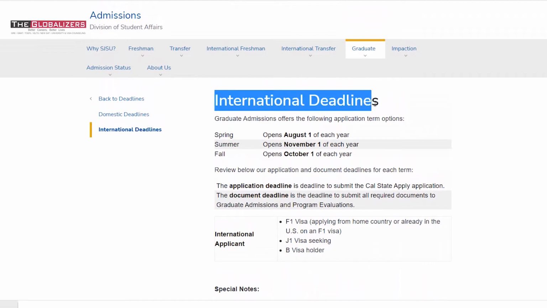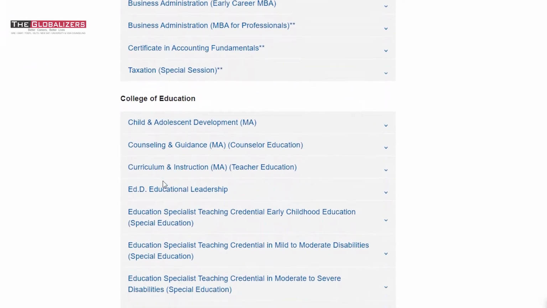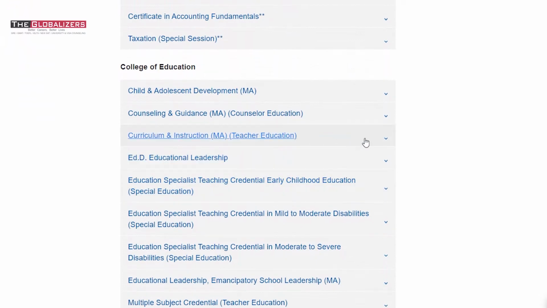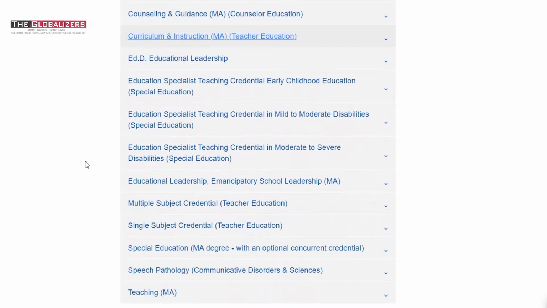Okay, so let's talk about an example. Any university would have a lot of MS programs. There would be different departments, and you have to make sure that if you're applying for a particular program, you refer to the department deadline, because a general deadline for all the master's courses would vary from department to department.